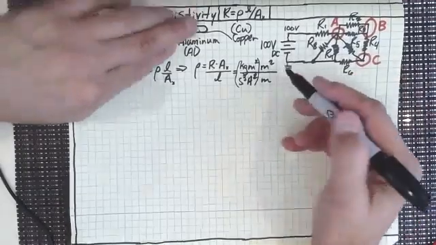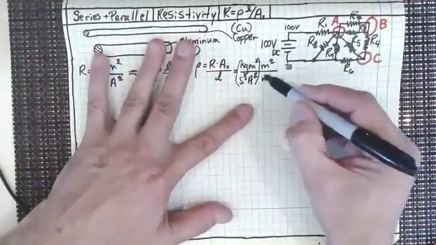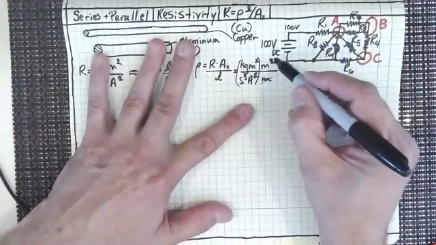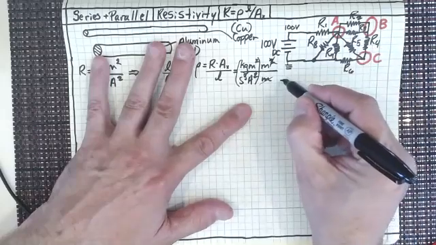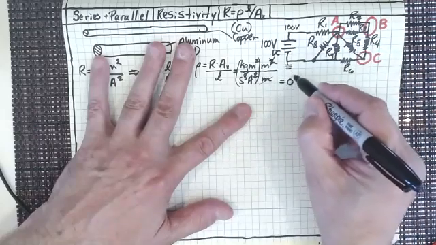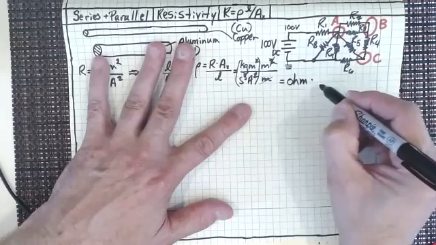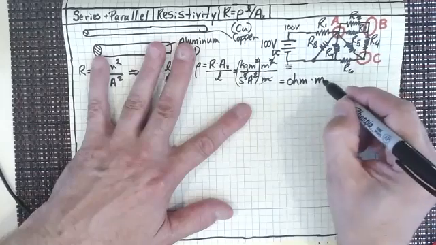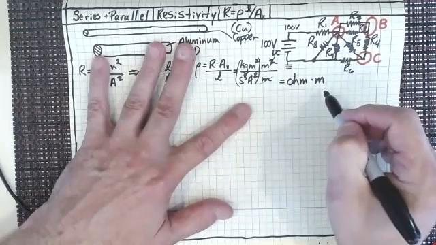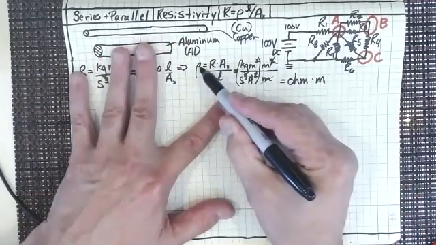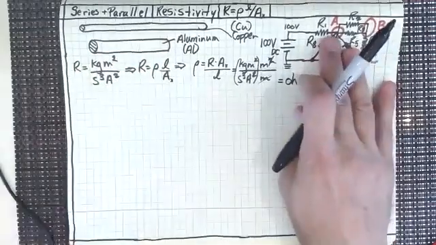So what you could say is that this meter right here is going to cancel out with one of those meters, isn't it? So we could say that this was an ohm meter. That's right. So it's an ohm meter are the units for resistivity. And that's what we end up getting them in.